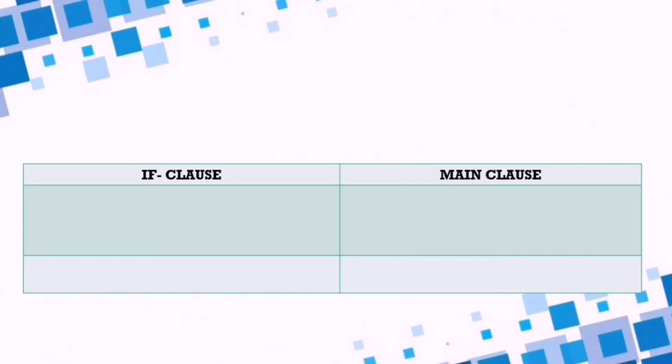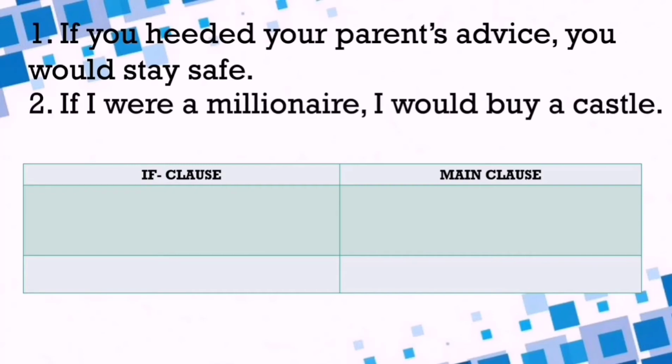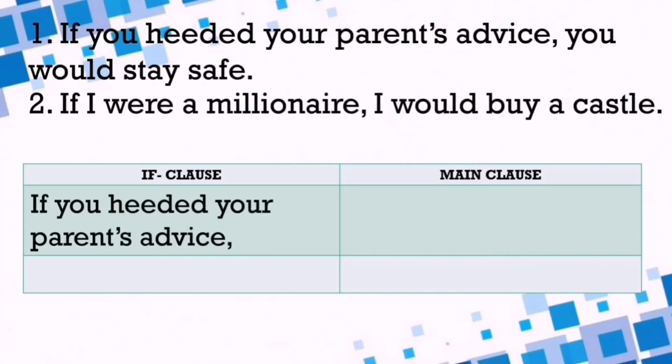Let us look at the following examples. Number 1, if you heeded your parents' advice, you would stay safe. Number 2, if I were a millionaire, I would buy a castle. For sentence 1, the if clause is if you heeded your parents' advice, and the main clause is you would stay safe.